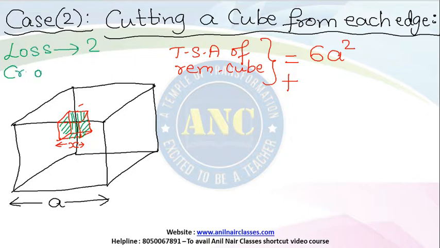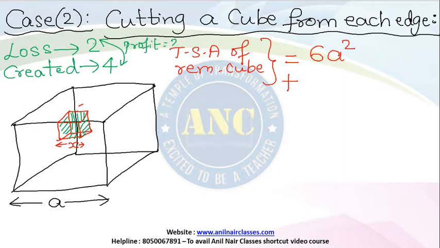That means I have a loss of 2 surfaces, and totally 4 more surfaces are created internally. Now what is the difference between these two? If I compare how much is created compared to the loss, there are 2 extra created.